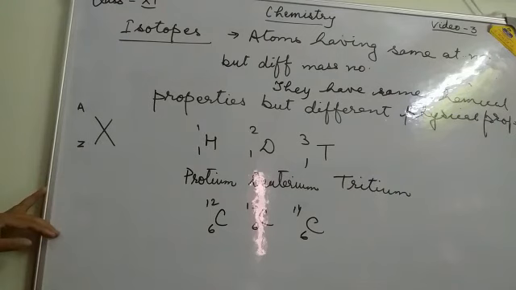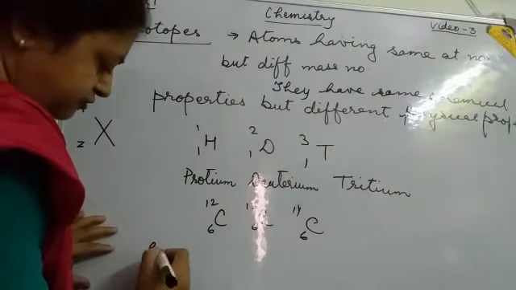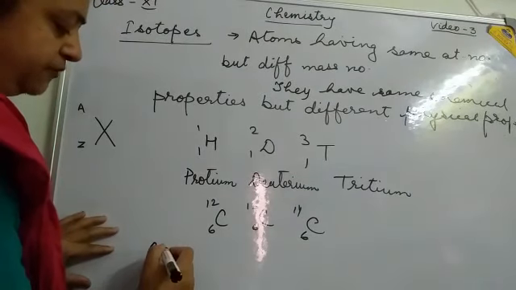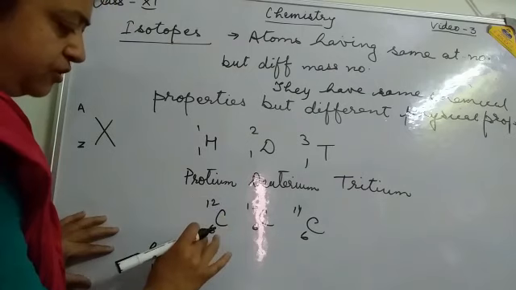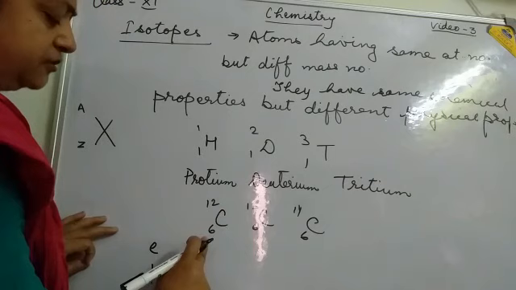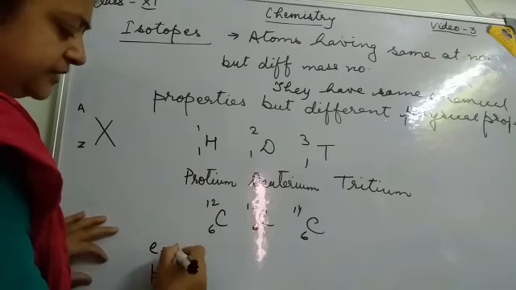The main thing in these isotopes is the number of electrons, protons and neutrons of the isotopes. The number of protons is equal to the number of electrons in a neutral atom. So if we consider carbon, it is 6 and 6.